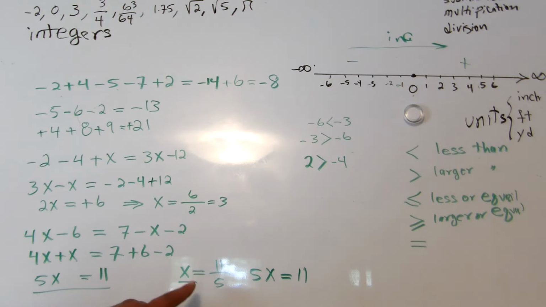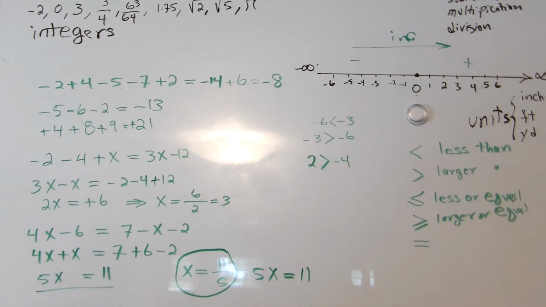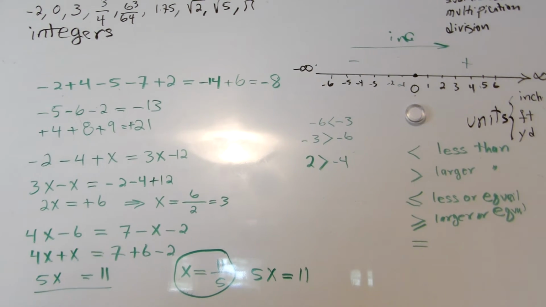It's good to know that the coefficient of x is going to come here, and 11, which is on the other side, is going to be divided by 5. So the result is 11 over 5. Okay.